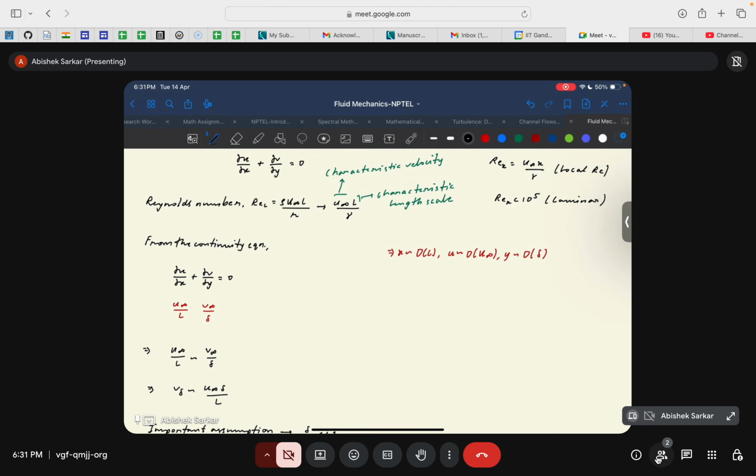Since they found out that it's not possible to find analytical solutions for the entire Navier-Stokes equation in the boundary layer, let us see which terms are dominant in the viscous region, because we know that there is a clear demarcation between the viscous and the inviscid region, and of course there is a scale difference: the viscous region is limited to a very small region, the boundary layer thickness, that is delta.